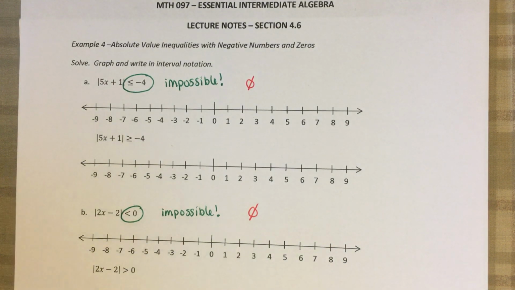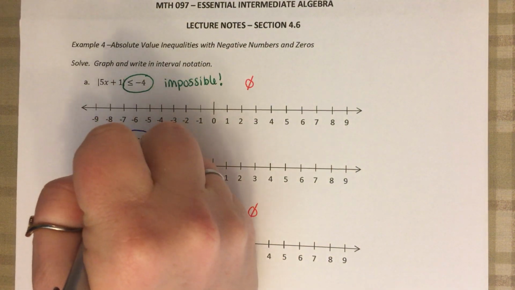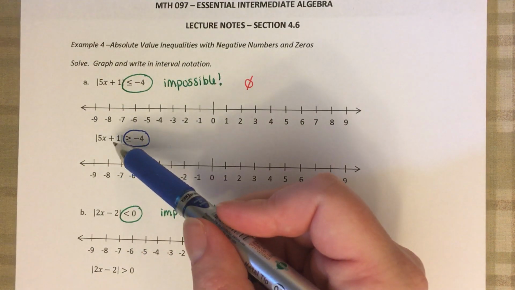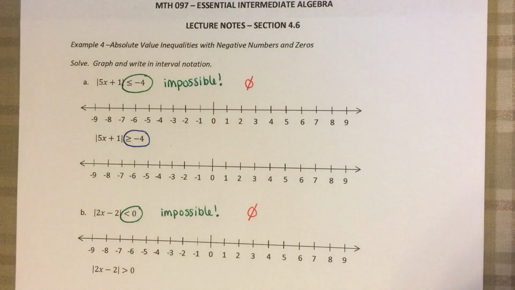Now if we compare that to something that's not impossible, but something that's always true, that would be a case as in this one here. The absolute value of 5x plus 1 is greater than or equal to negative 4. It doesn't matter what we plug in there for x, because whatever we plug in there, we're going to get a positive number.